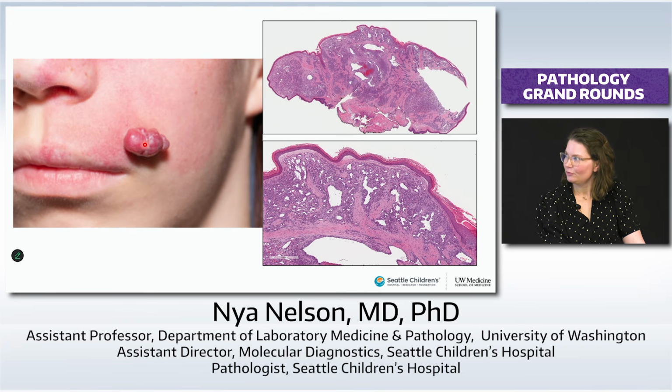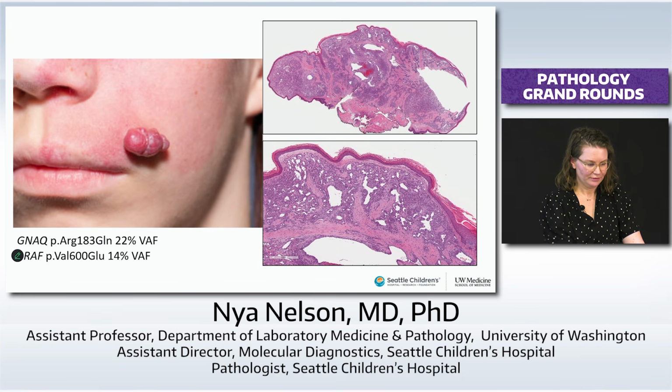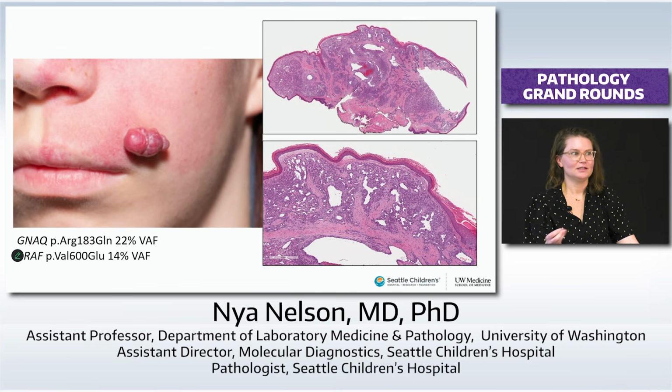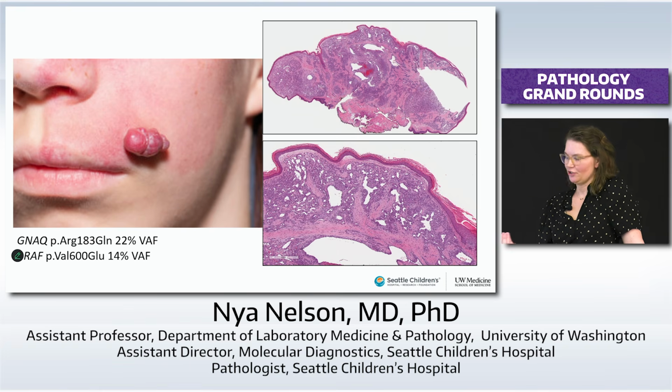That pyogenic granuloma was removed. You can see the histology on the right. And when we sequenced the pyogenic granuloma, we found both a GNAQ and a BRAF variant. The thought here is that the GNAQ variant is causative of the underlying capillary malformation, and the BRAF variant has arisen specifically within that superimposed pyogenic granuloma.